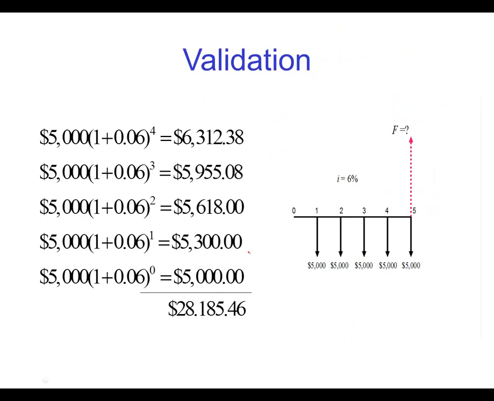This is the validation of the calculation, where we have 5,000 paid every equal period, and over 5 years it will accumulate to $28,185.46.